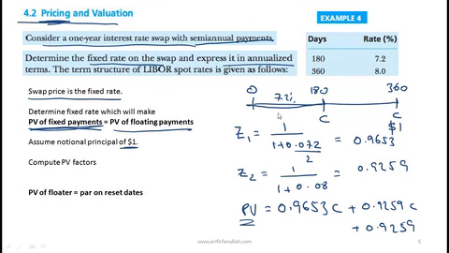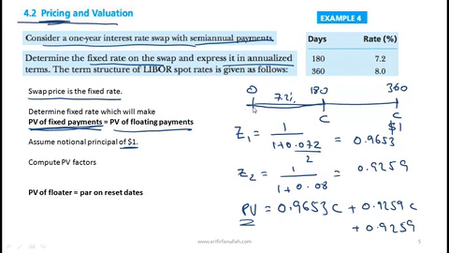At time 0, what is the present value of floating payments? Now you might recall this from level 1 if you are really, really smart. Okay, can somebody figure out what is the present value of the floating payments? The present value of floating payments is 1.